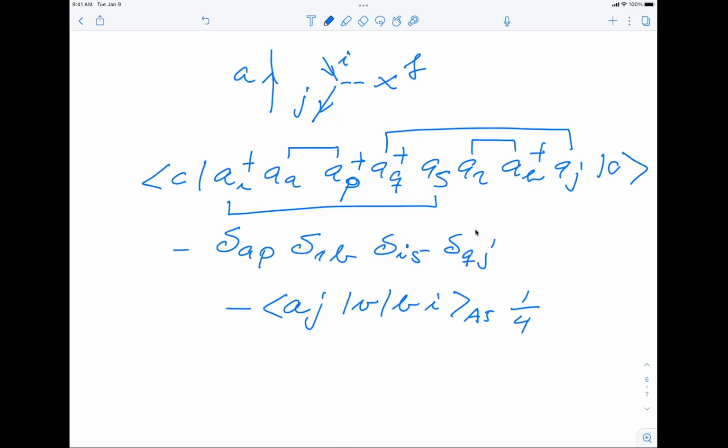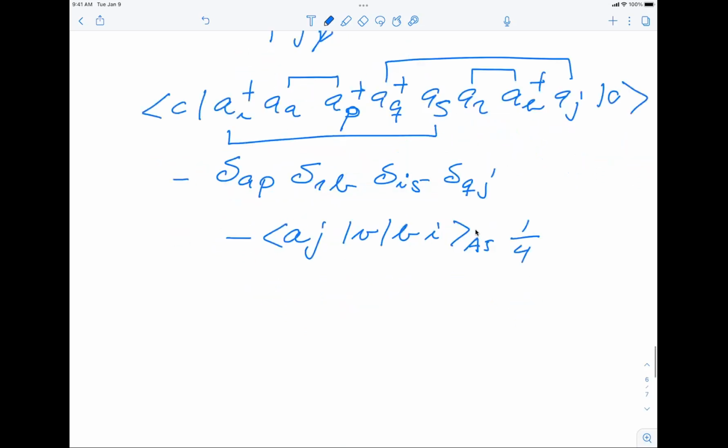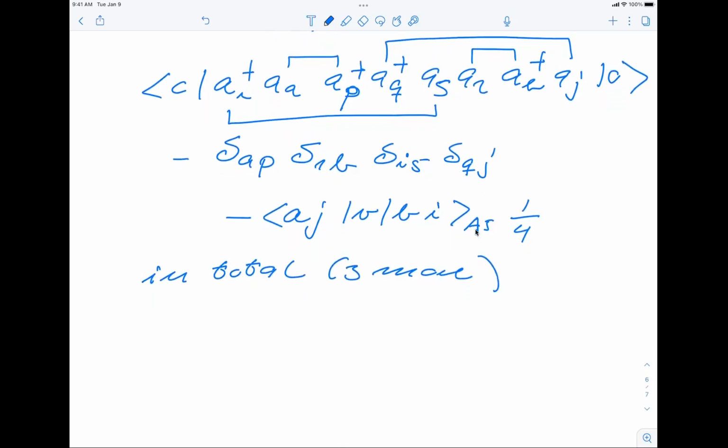So when we collect all these terms, we are going to get an expression which is simpler. So we are going to get in total, for these type of contractions, 3 more of the same type. We will then get a matrix element which is simply given by minus AJ of V, B of I, anti-symmetrized.